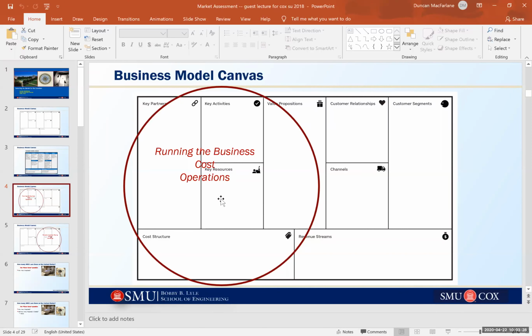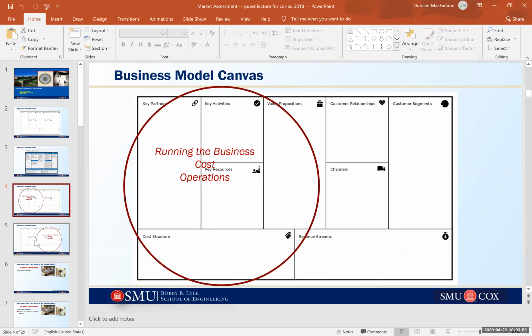What are the key resources that you need? A lab, a factory, a relationship perhaps with a fab, a foundry, like we studied last week. And then all this stuff builds up to how much it costs you to build your product and go to market. What's the cost structure of your company?